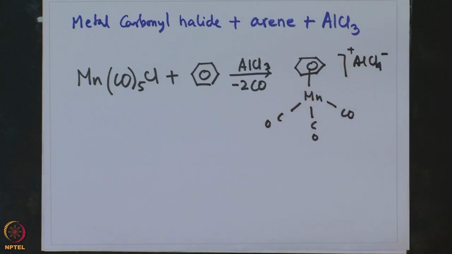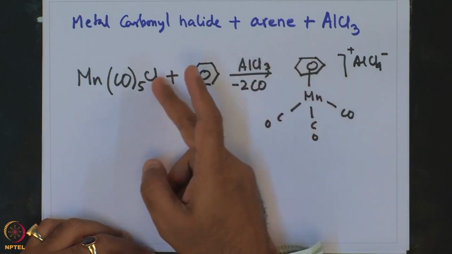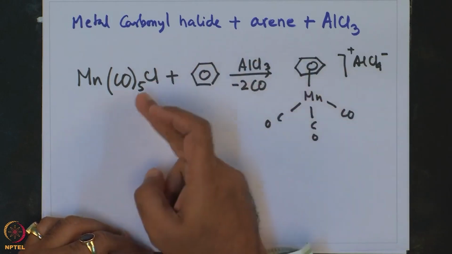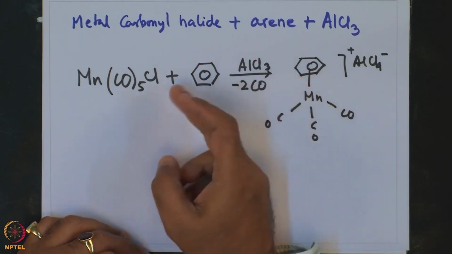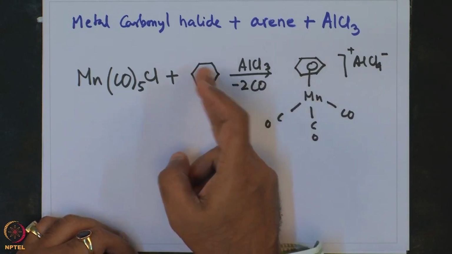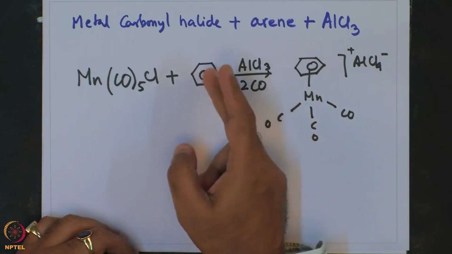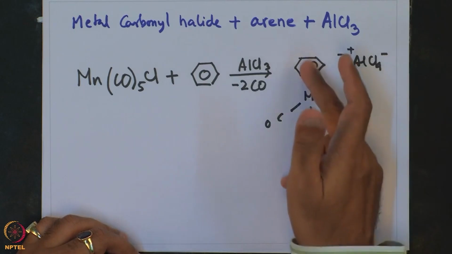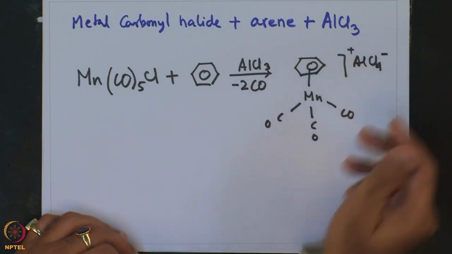Here this AlCl3 can be perceived as abstracting a chloride, creating a vacant site, and then 2 other carbonyls give way to this incoming arene, which is a 6 electron donor, resulting in this benzene manganese tricarbonyl cation with AlCl4 anion.